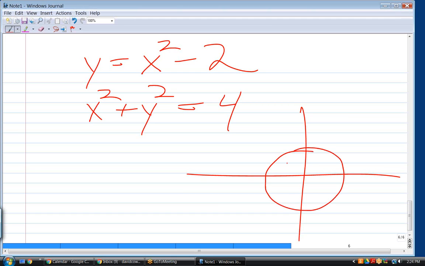It's right there. The parabola is my standard parabola shifted down by 2 units. So it's like that. So, in fact, 2 units down puts it right here, doesn't it? Yeah. So there are actually going to be 3 points of intersection here.